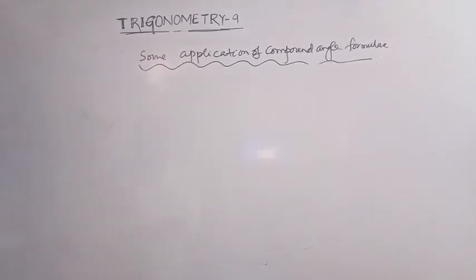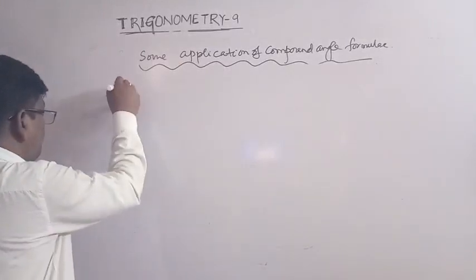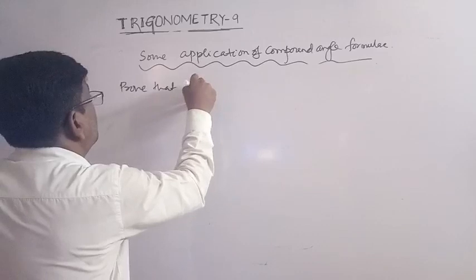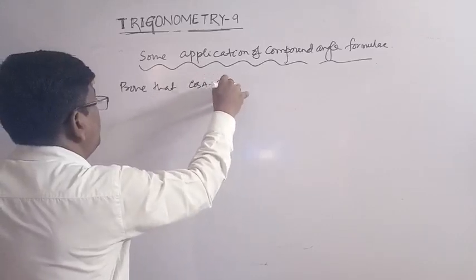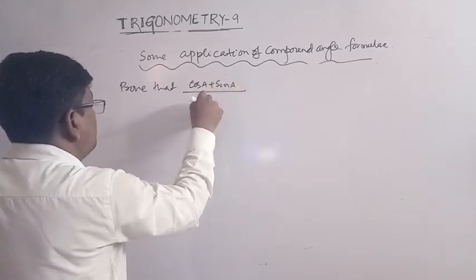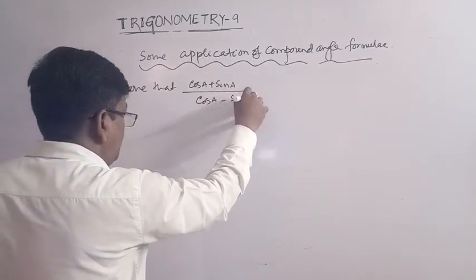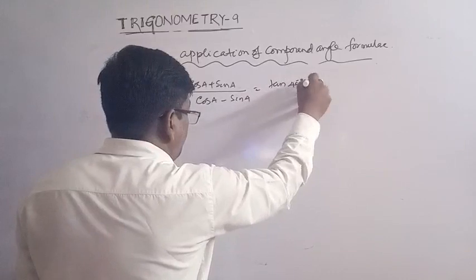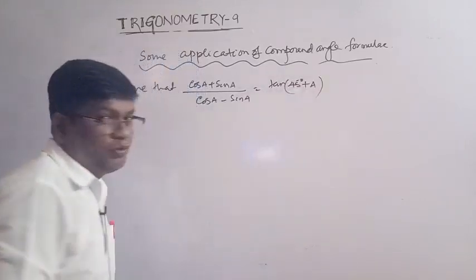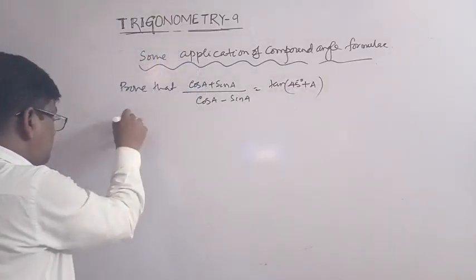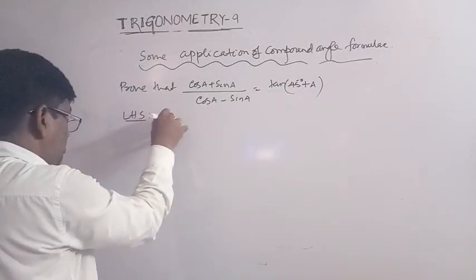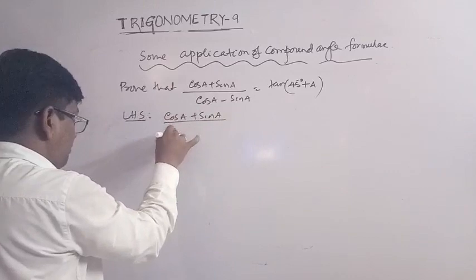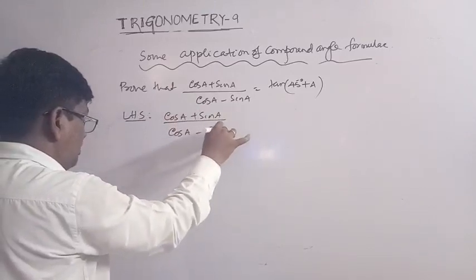Now the proof of some of these important formulas. Suppose we prove that (cos A plus sin A) divided by (cos A minus sin A) is equal to tan (45 degree plus A). This is the first important formula. So the left hand side is (cos A plus sin A) divided by (cos A minus sin A).